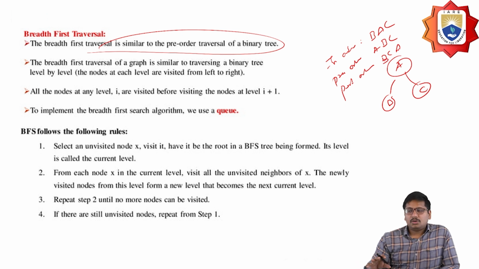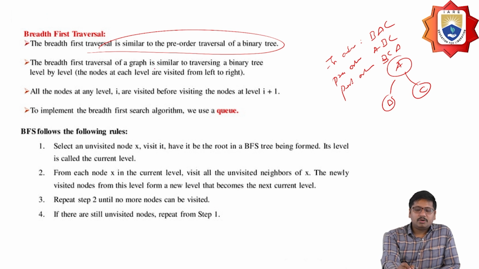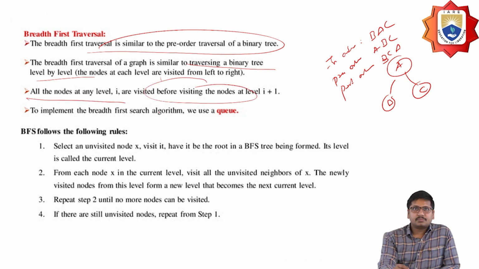The breadth first search of the graph is similar to traversing the binary tree by level, visiting all the nodes at any level before the nodes at the next level. To implement this breadth first search, we're going to use the queue data structure.